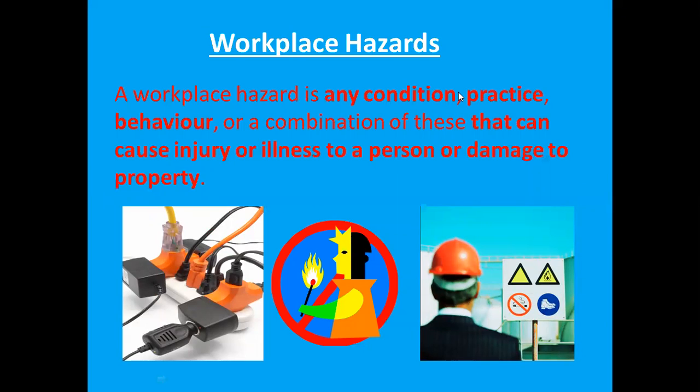In that, we are dealing with the workplace hazards. Means the employee where he is working. It may be in the office, it may be in the factory, or it may be in an open place, right? It may be anywhere, offshore or onshore, whatever it is. We have to check the workplace safety and hazards.